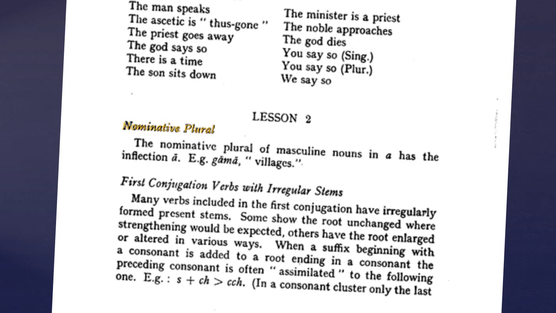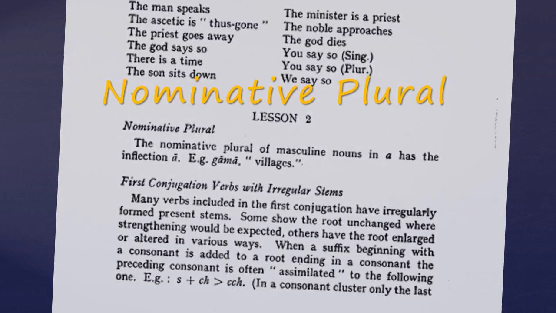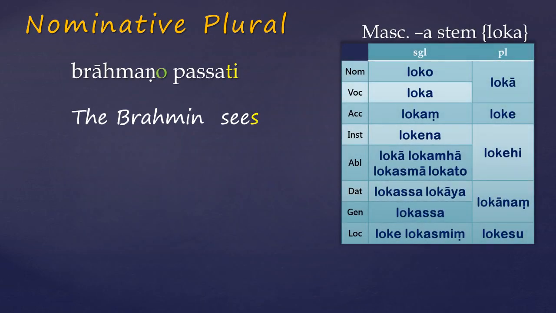And with that out of the way, this next section flows better, so let's go back now to the nominative plural. Last week we saw how the subject of the verb is marked by the nominative case. And masculine noun stems in A, like loca, are inflected in the nominative singular to end with o.